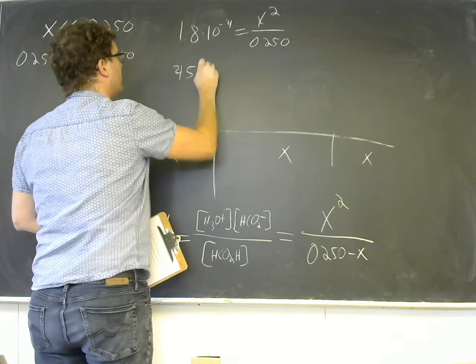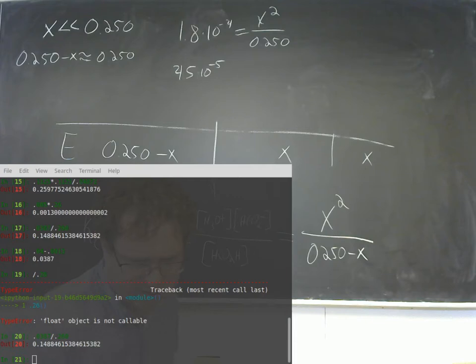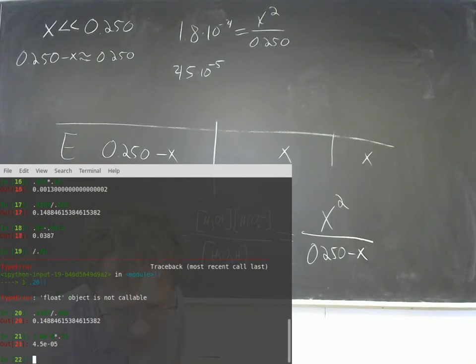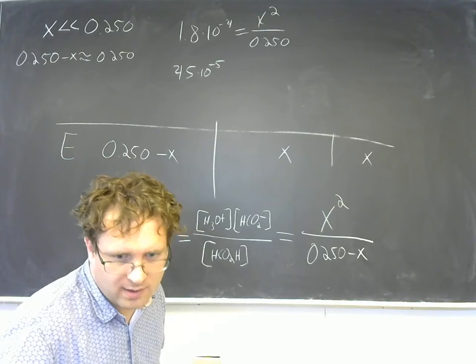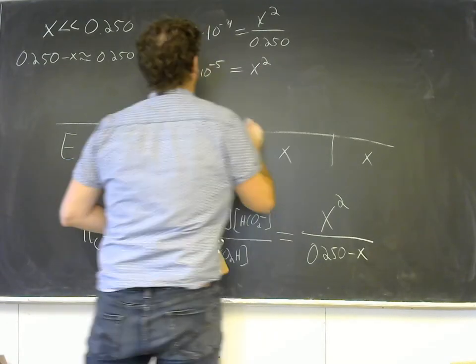4.5 times 10 to the negative fifth, I believe. Let's double check that, because I've not had a great track record today. 1.8 e negative 4 times 0.25, 4.5 e negative 5. And that is now equal to x squared. And we can just take the square root.